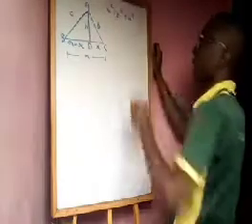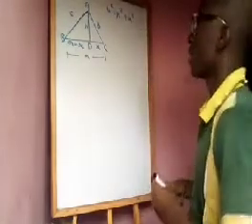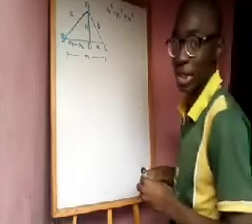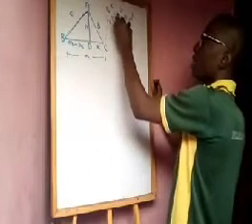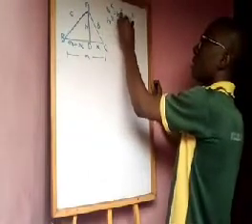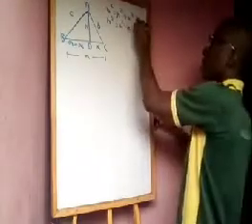Now we can make H squared the subject of the formula. So H squared equals B squared minus X squared. So that would be our equation 1.